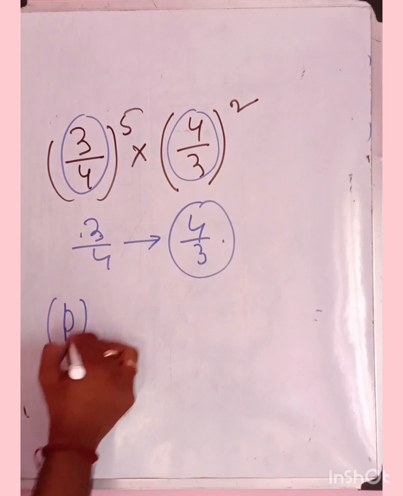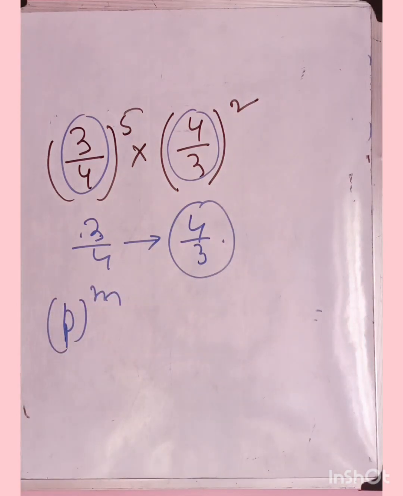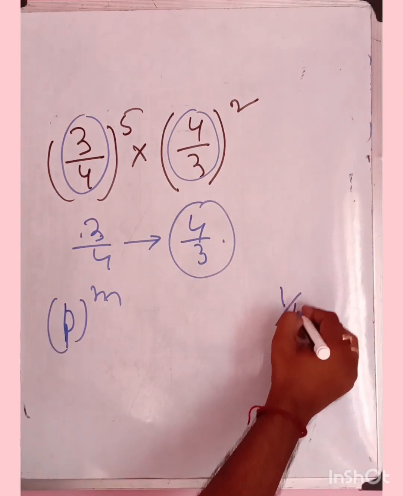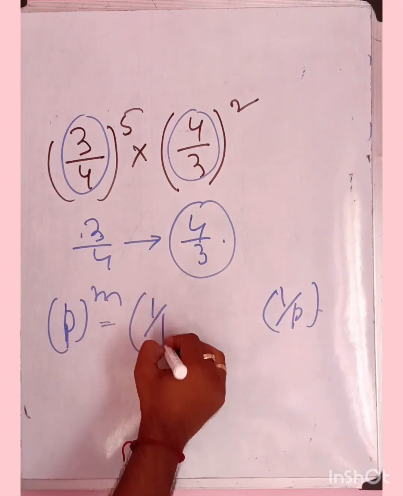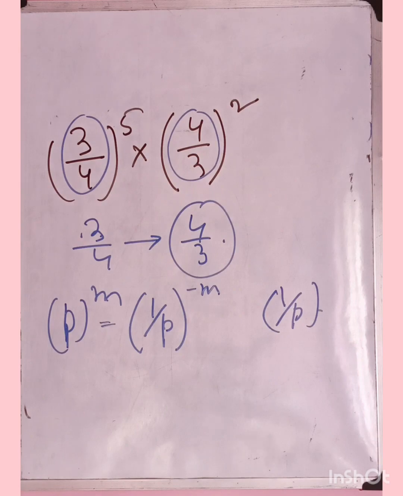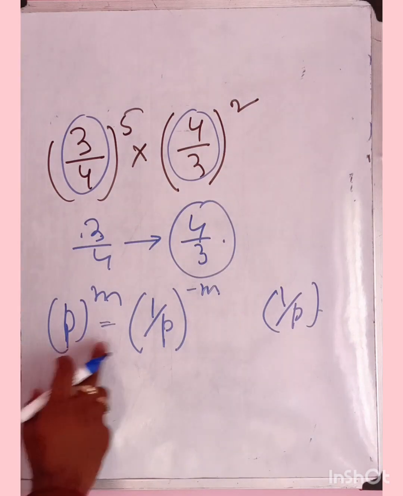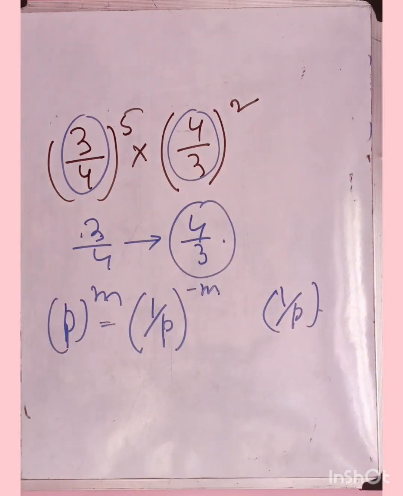p to the power m, if the reciprocal of p is 1 by p, it can be expressed as p to the power m equals 1 by p to the power minus m.